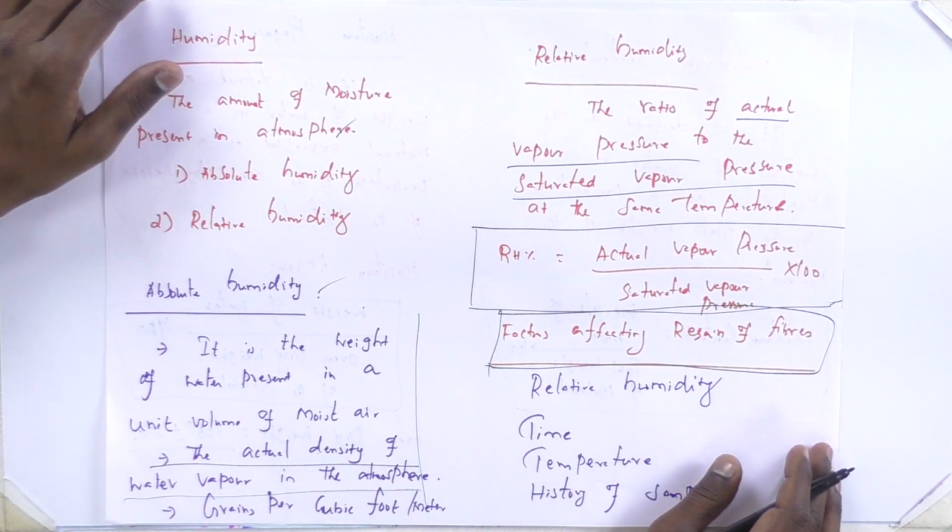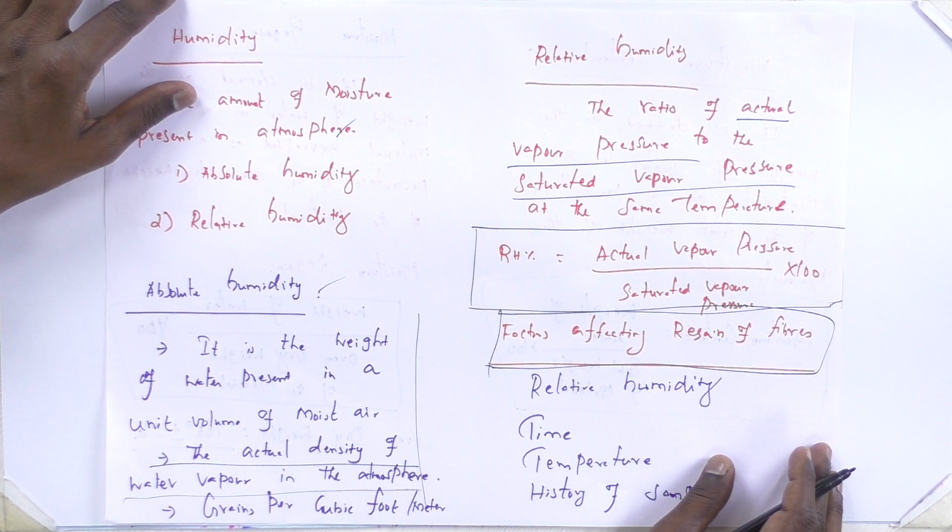Factors affecting the regain of the fibers. What are the factors affecting the moisture regain of the fibers? When a sample is placed in an atmosphere or standard atmospheric condition, it loses or gains moisture from the atmosphere. If a sample is in a saturated condition, it loses its moisture to reach equilibrium.